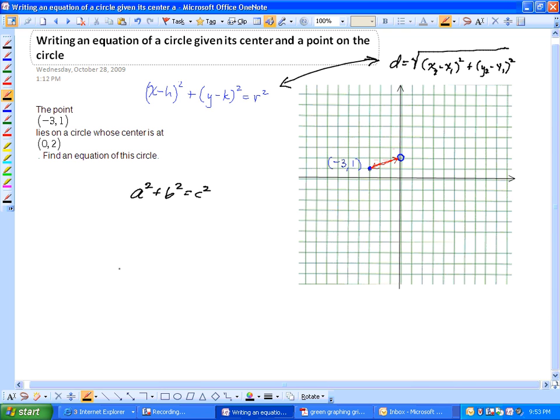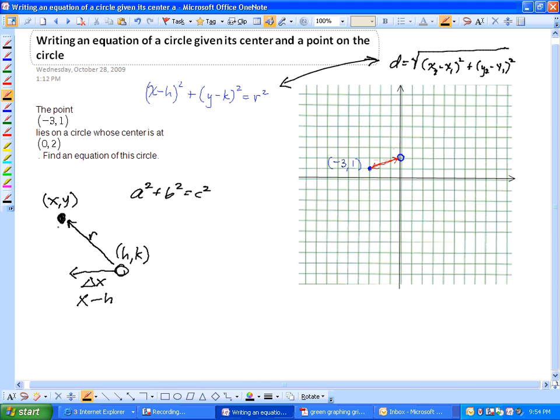The idea is if you have the center of a circle and any point along its edge, by definition, every point on that circle, any x comma y, is a set distance called r away from the center, which is h comma k. So if you measured the distance from here over, that would be your change in x, or x minus h. Whenever you're doing a change in value, you do one value minus the other.